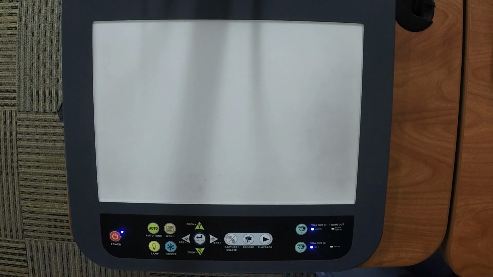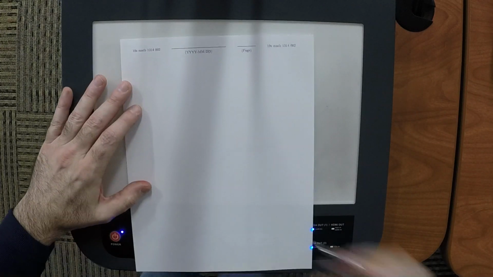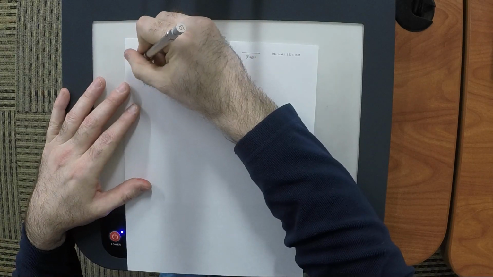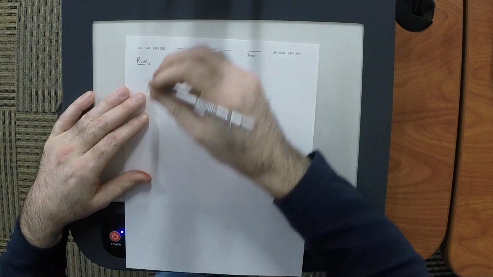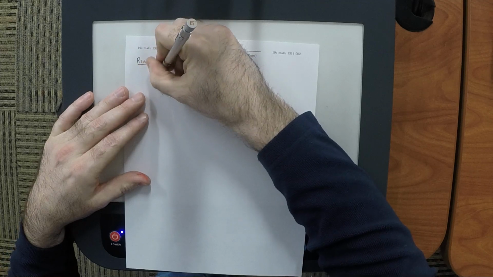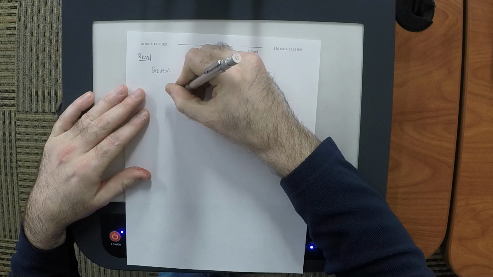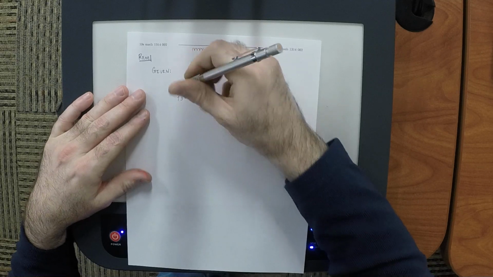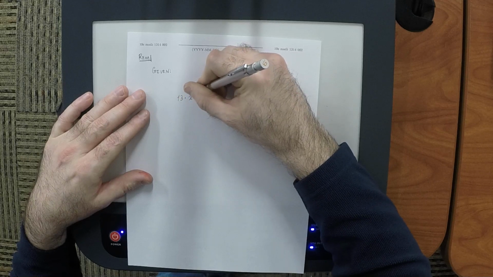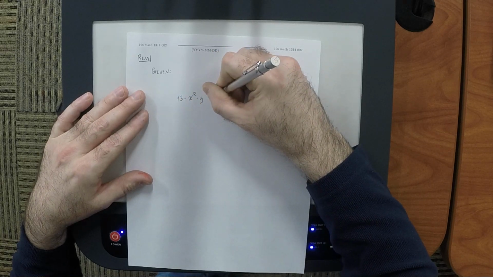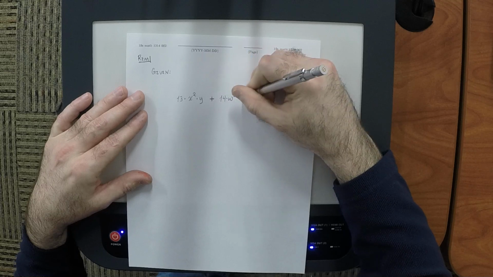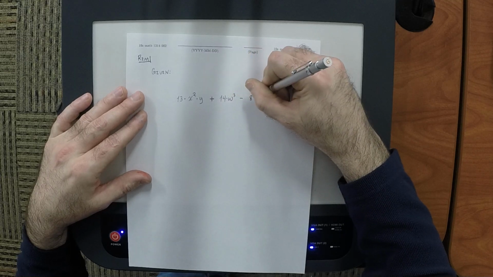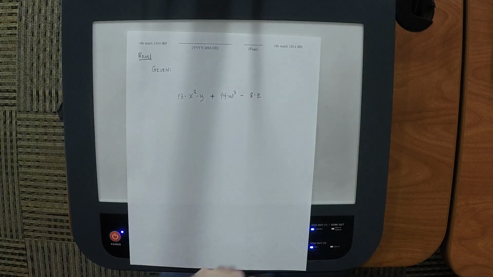All right. We need a little bit of terminology. Given something like this, some nice expression like 13 multiplied by x squared y plus 14 w cubed minus 8z, say.